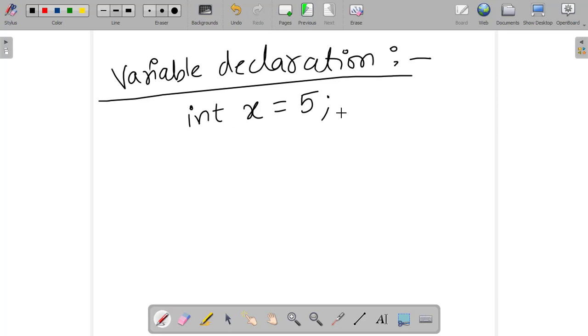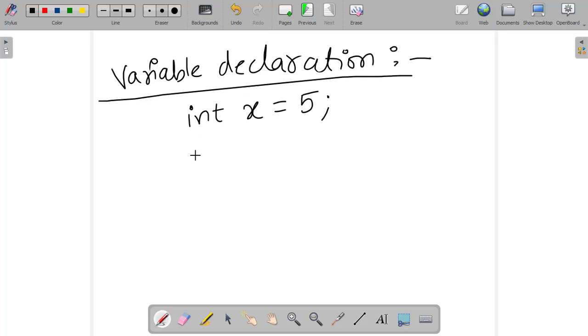I think this line's meaning is pretty clear. There is an x variable that is storing integer type data, whose value is equal to 5, means x is storing 5. And how do we specify it? By writing the int keyword. I think it is a very easy concept here.